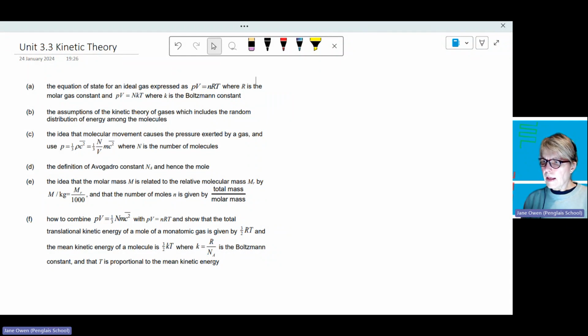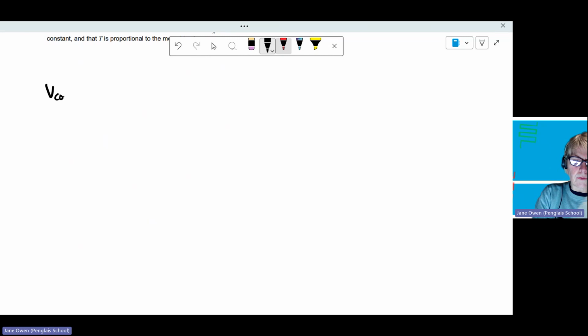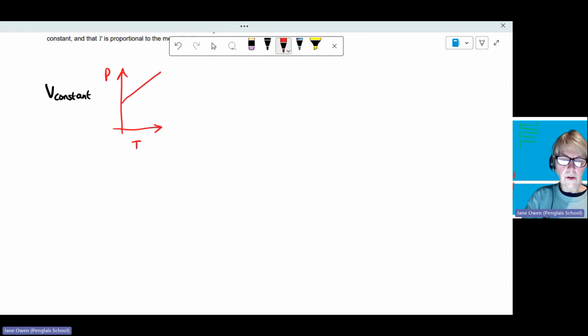To begin with, if we consider a gas and we look at keeping the volume constant, and then we change the pressure compared to the temperature, we see that the temperature increases as the pressure increases, but it doesn't pass through zero if we're going to do it in degrees centigrade.